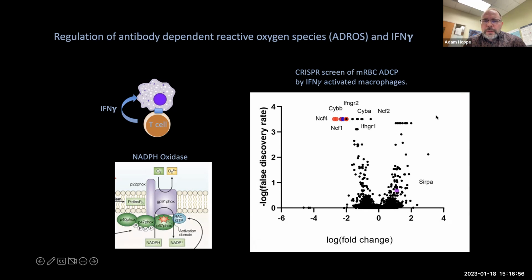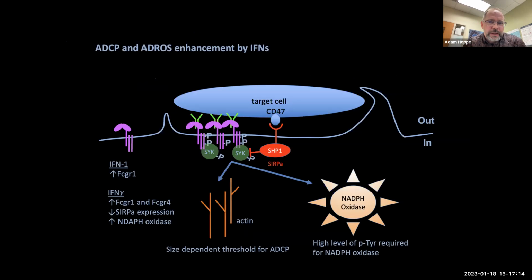and can be a potent driver of inflammation in tissue. So our CRISPR screens, in the context of interferon gamma activated macrophages, identify all of the known components of the NADPH oxidase as a highly important aspect of downstream activation of Fc receptors. So I just want to highlight that concept, and that may be important in phagocytosis.